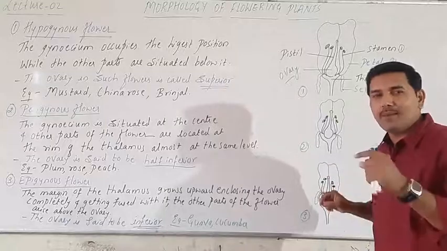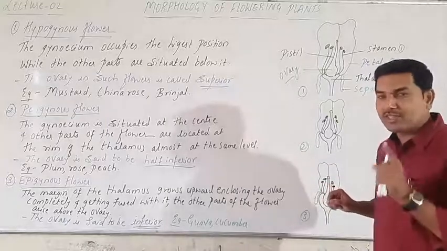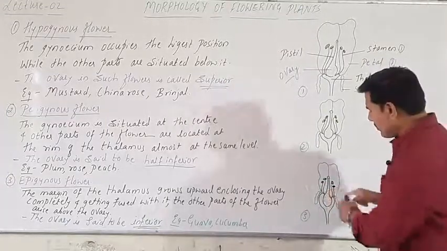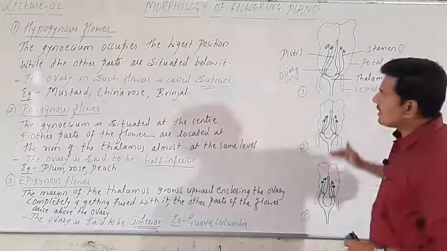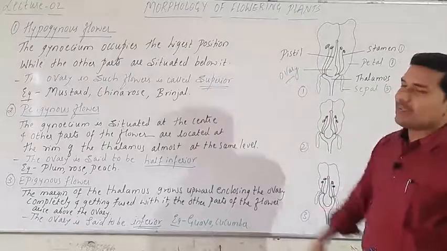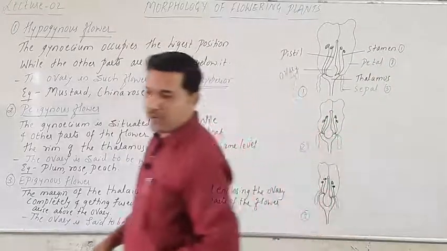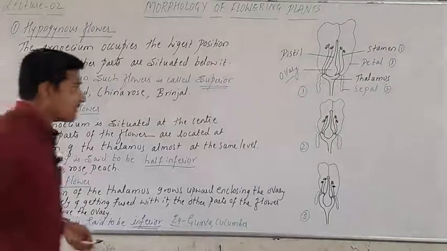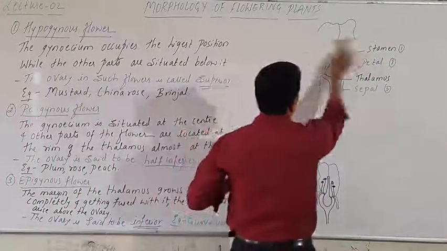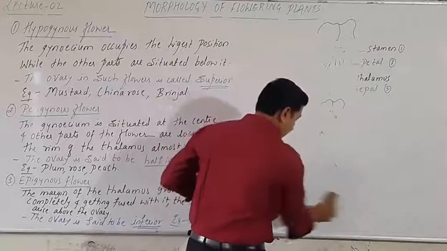Gynoecium we mainly take with respect to the ovary, not with respect to the stigma and style. Understood? So this is regarding the three major definitions. Okay, so with these we have the parts of the ovary, where we are going to discuss different parts of the ovary.